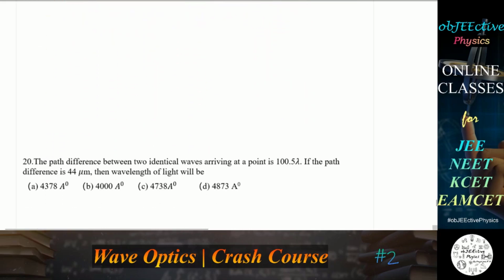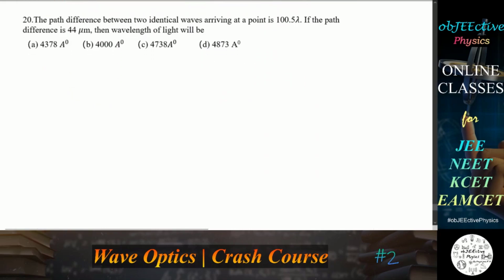Next question. The path difference between two identical waves arriving at a point is 100.5 lambda. If the path difference is 44 micrometers, then the wavelength of light will be. So path difference delta x is given 100.5 lambda.